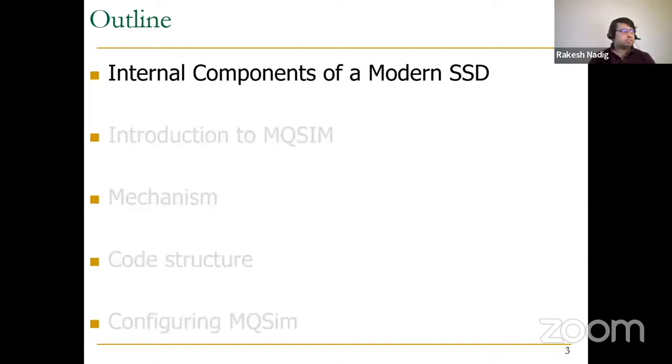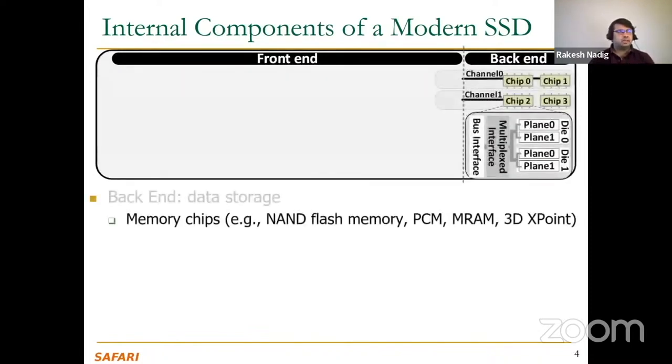So now let's look at the internal components of a modern SSD. A typical SSD has two parts to it: the front end and the back end. The back end is basically the actual flash chips or flash packages.